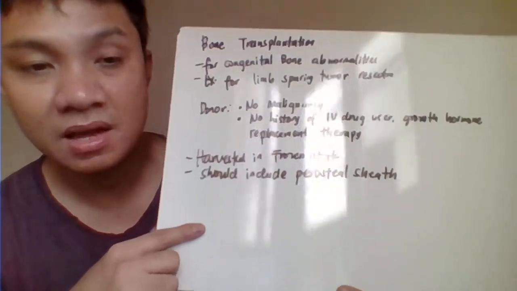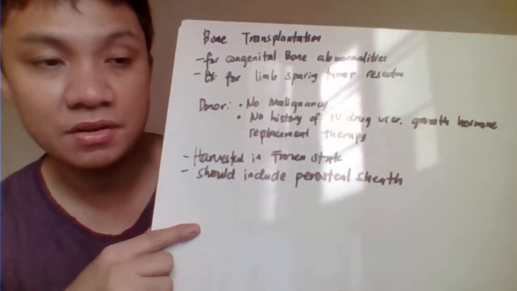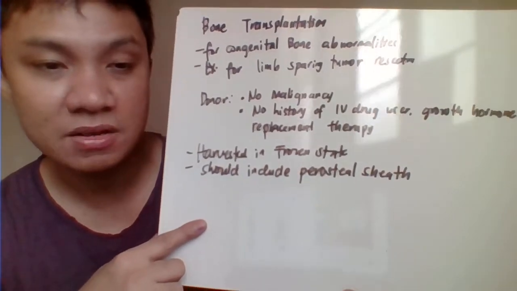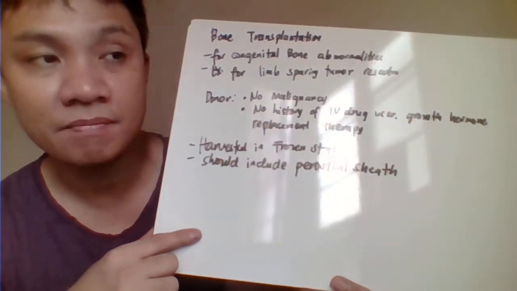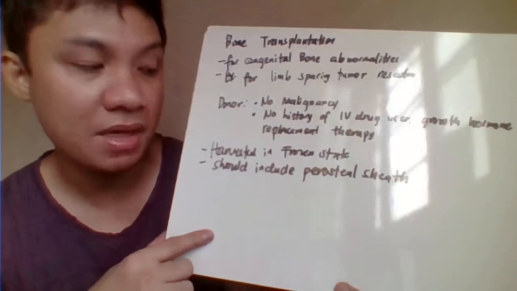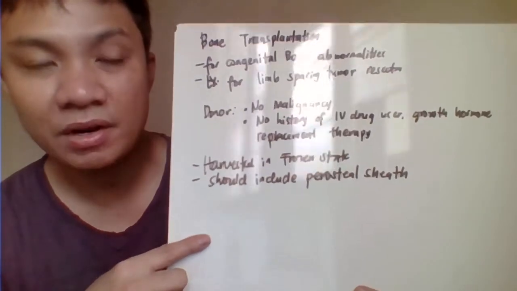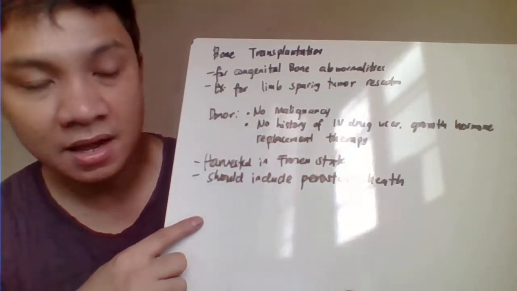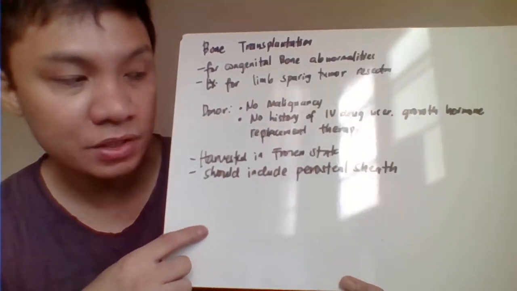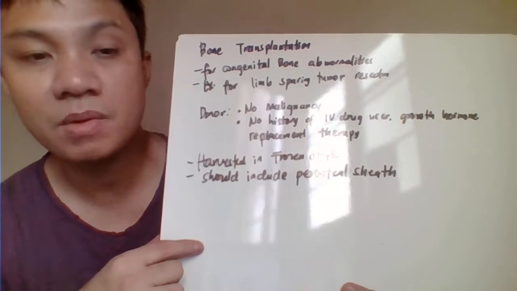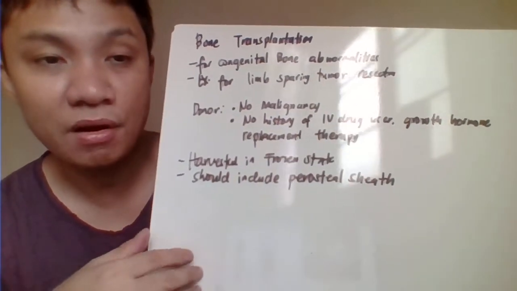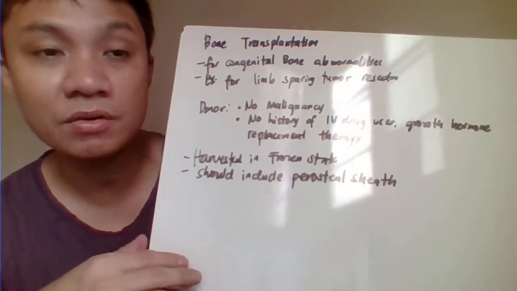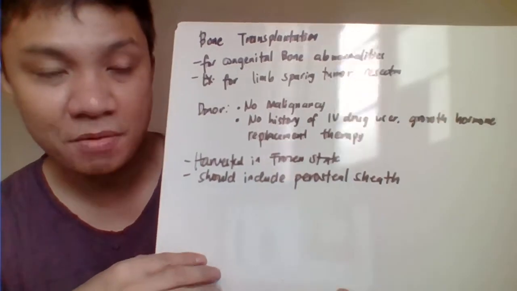Okay, we have here the requirement for the donor. The donor should have no malignancy, should not be under IV drug use, or even have a history of human growth hormone replacement therapy. Okay, so when you're harvesting the bone here, it should be in a frozen state, and then should include here the periosteal sheath, because the periosteal sheath is actually the one trying to contain here the osteoclast or bone cells.